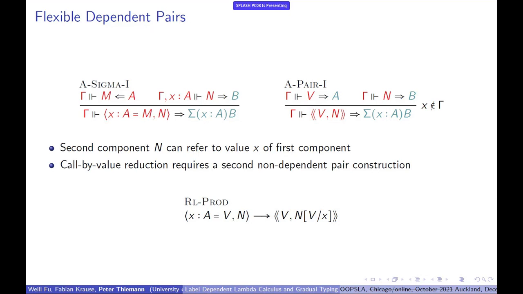And the trick that makes the transition is essentially this reduction rule. Once the first component is sufficiently known, then I get rid of the occurrences of x in the second component by substitution. And you can show that this is type preserving. So from this rule to that rule, you're in business, and you can completely evaluate your pairs, and everything is nice.